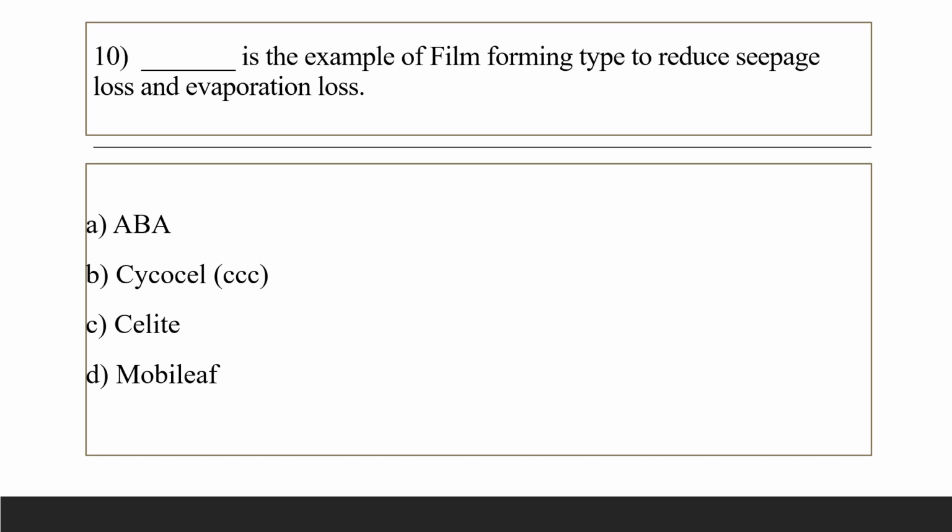So there is a chance for evaporation loss and moisture loss. To reduce this seepage loss and evaporation loss, a thin film should be applied to the farm ponds. So the example is Mobby leaf, option D.